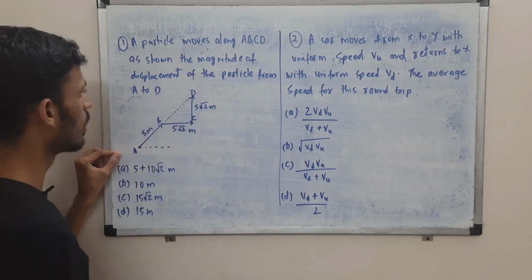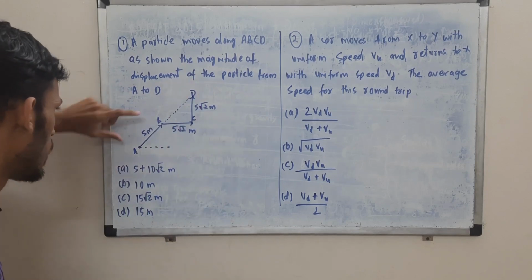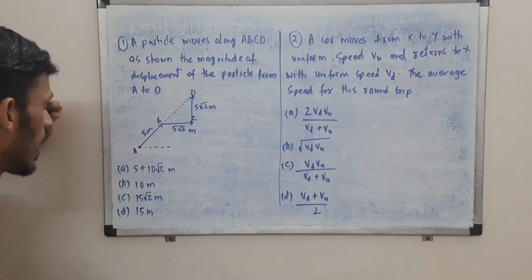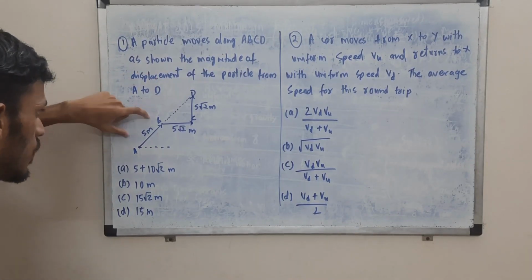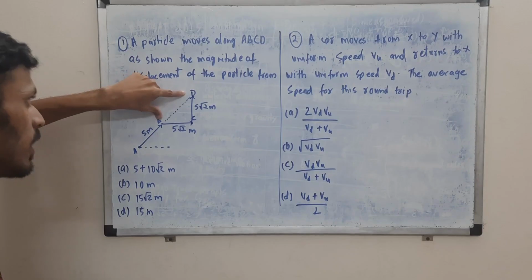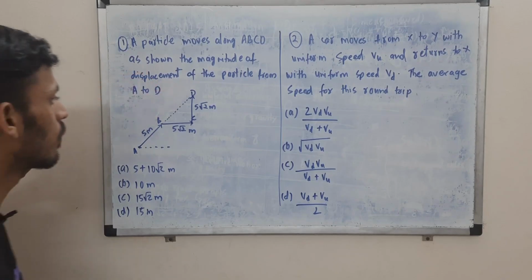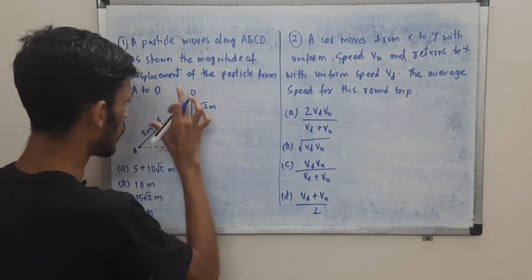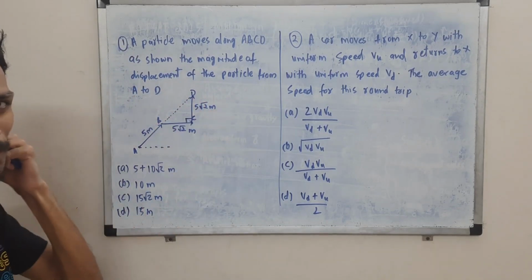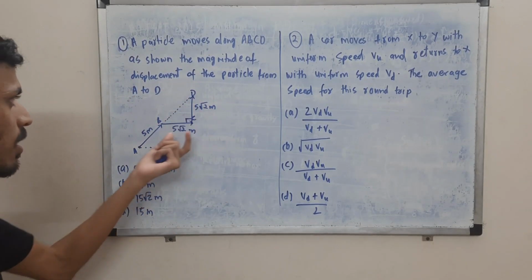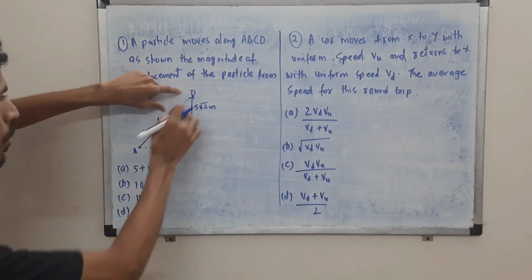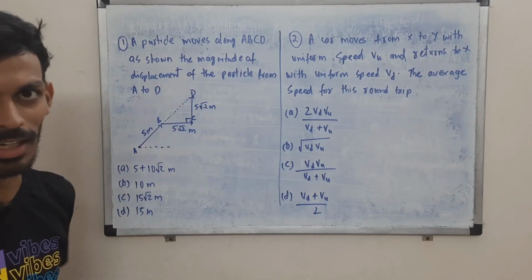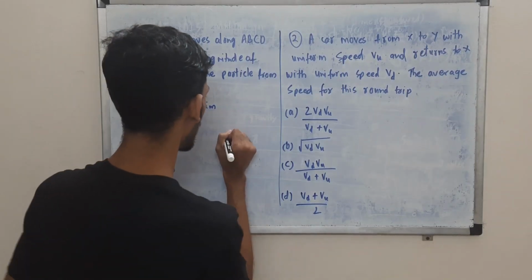So here if you see this distance and the BD distance, those 2 distances we are concerned about, right? So this is 5 meters of course, and what will be this distance? This distance you can find using Pythagoras, right? So if the side is 5, the diagonal will be root 2 times that side, using your square formula.